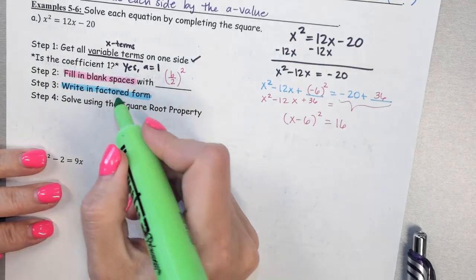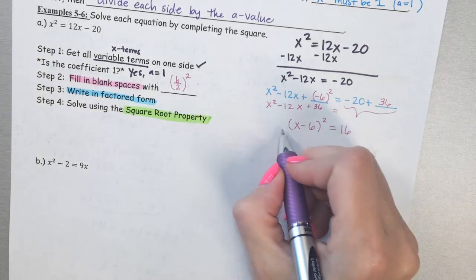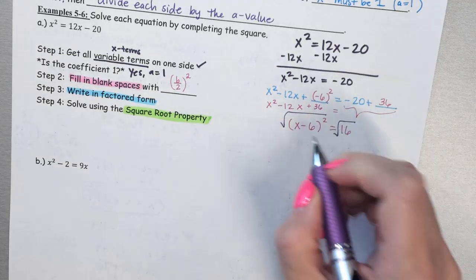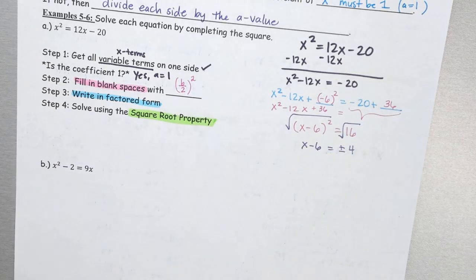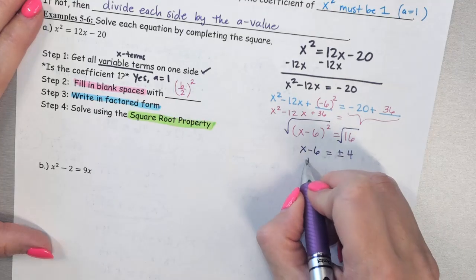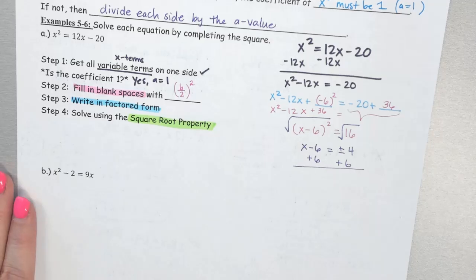So you can take the square root of both sides, plus or minus 4. Can you see that this step is going to be exactly like what we did at the beginning of today's notes?